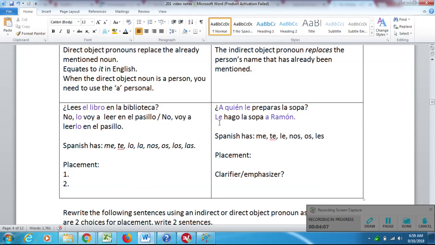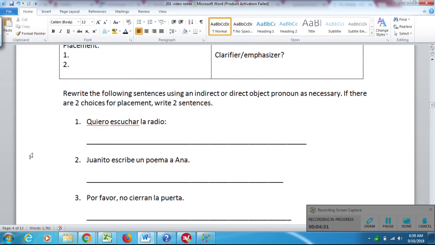The placement of the indirect object pronoun is before the conjugated verb. But keep in mind that you may have a clarifier or an emphasizer, because le could work for él, ella, or usted, or les could work for ellos, ellas, ustedes. Sometimes we have a statement here, such as a Ramón. We're clarifying that it's for him, Ramón.